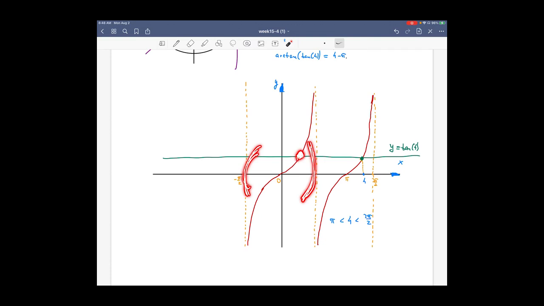And it is the x-coordinate of that point that will be the desired arctangent of tangent 4. By symmetry, we immediately see that just like this distance between zeros is pi, this distance here is also pi.